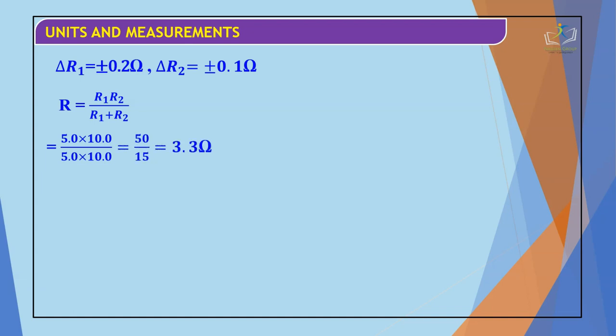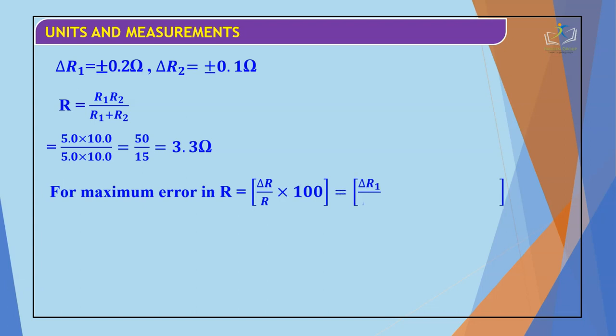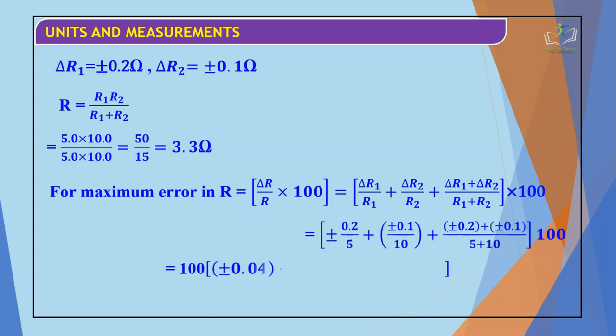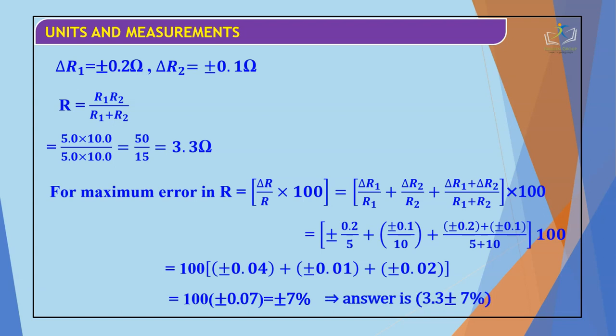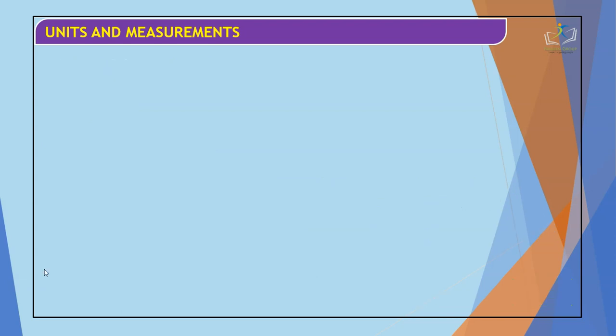From here we get the value of R, and the maximum percentage error delta R by R into 100. From this formula we calculated, it comes in the case of error plus minus 7%. Now the answer is 3.3 plus minus 7%, which is option 2. I hope you understand, students.